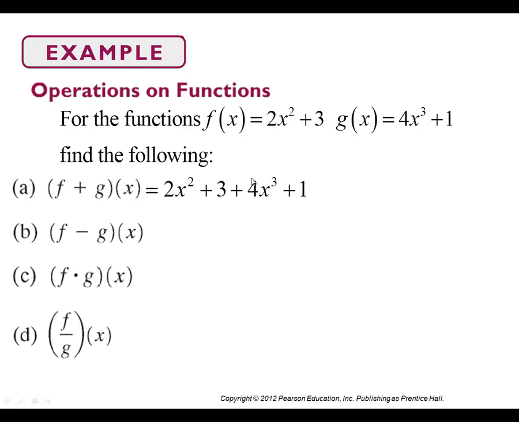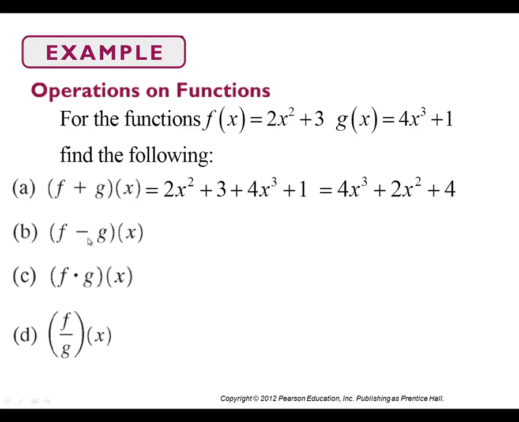The g of x, that'll be the 4x cubed plus 1. And so we combine that all together, and the highest exponent always goes first. So that'd be 4x cubed plus 2x squared, that's here, and then the 1 and the 3 get combined to be 4.